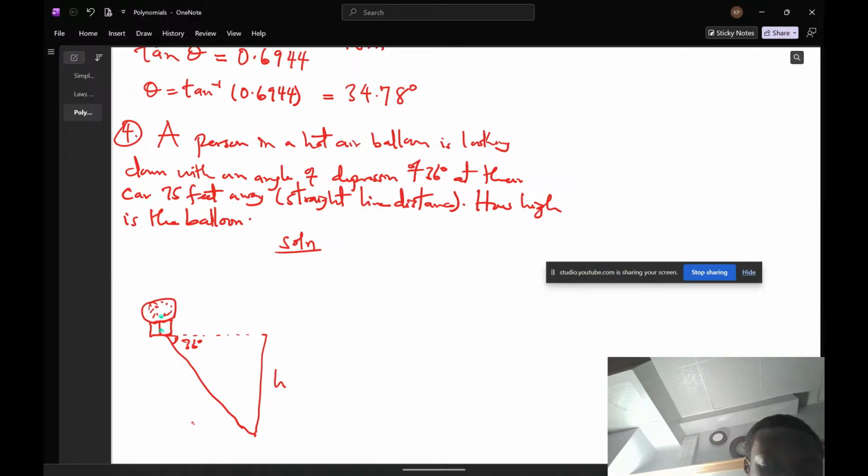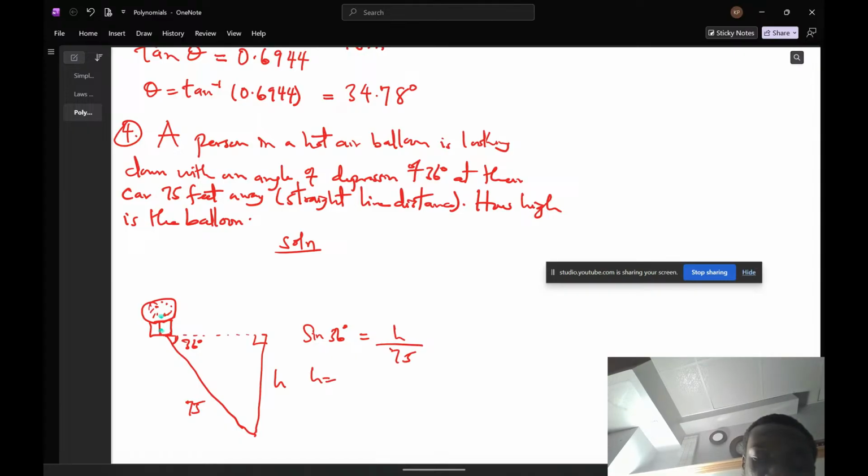So let's say that this is 75 feet away. In this case, we are asked to find the opposite side, and we're given the hypotenuse. So that means we're going to use sine 36 degrees is equal to opposite, which is h, over 75.